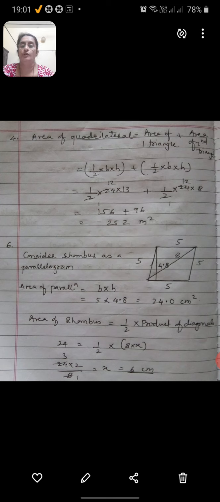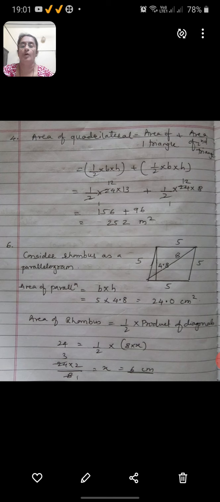So here I have used the formula of area of parallelogram, that is base into height. So base is 5 cm and height is 4.8, that gives you 24 cm square, that is the area of that rhombus. Now using that area, we are going to find the other diagonal. So what is the area of the rhombus formula?